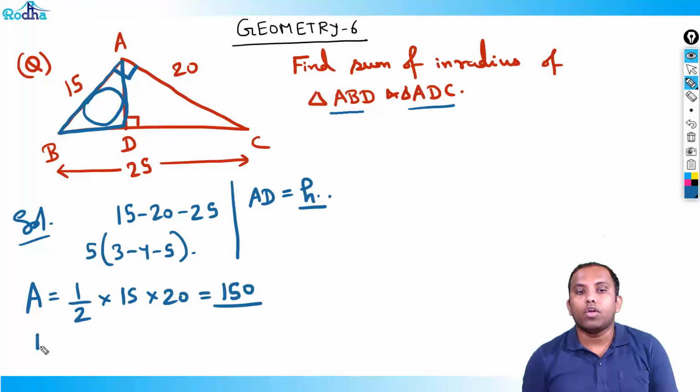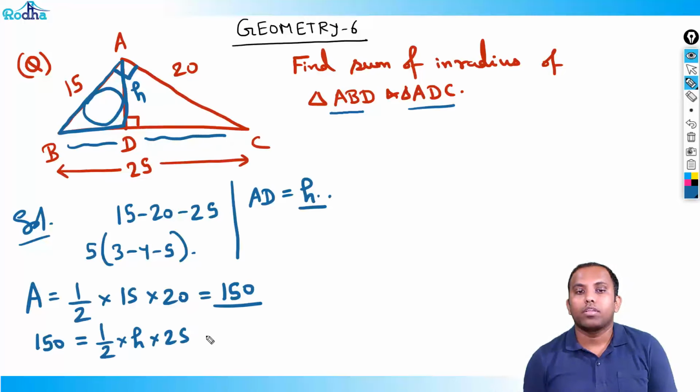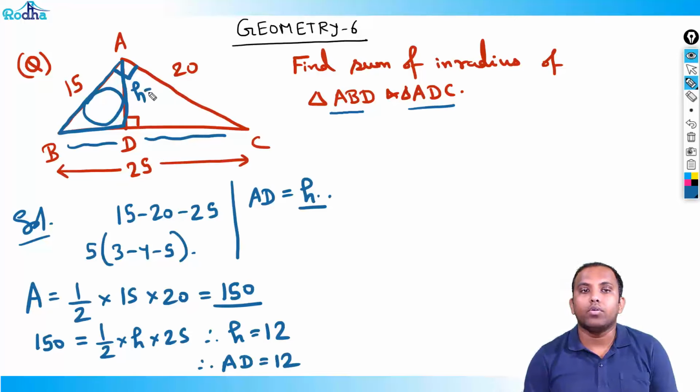I can equate the area, 150, to half into height into base, that is half into height into 25. Solving it, you get height as 12. Therefore, AD is equal to 12.